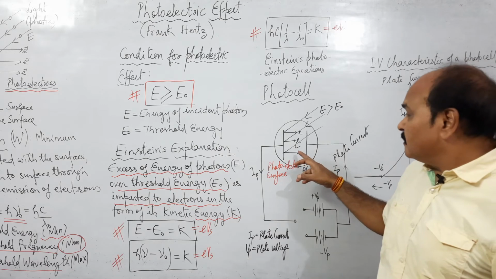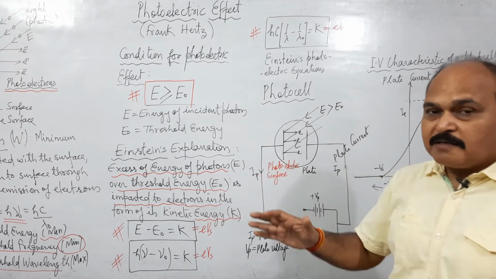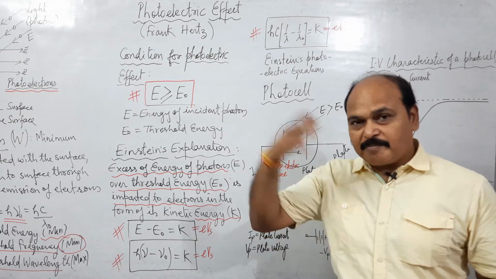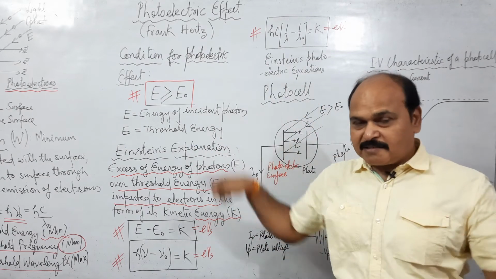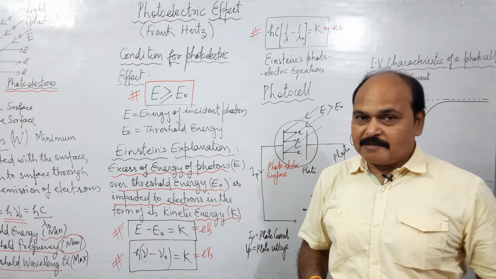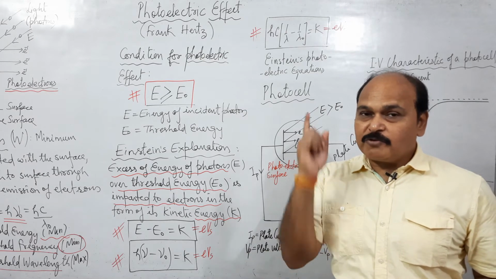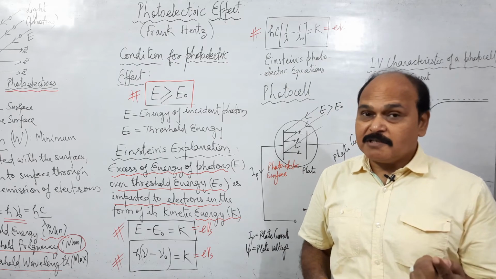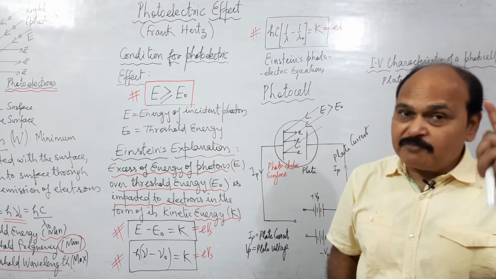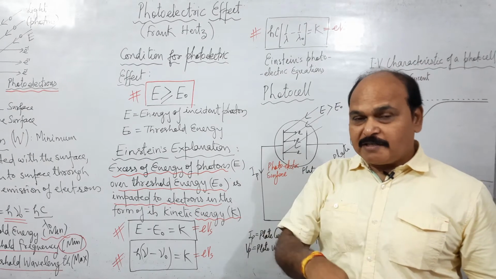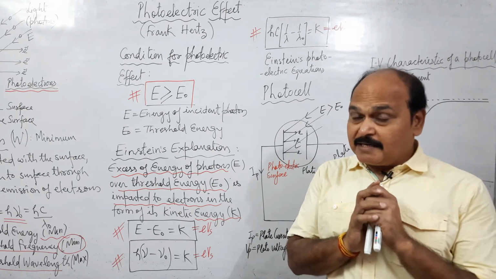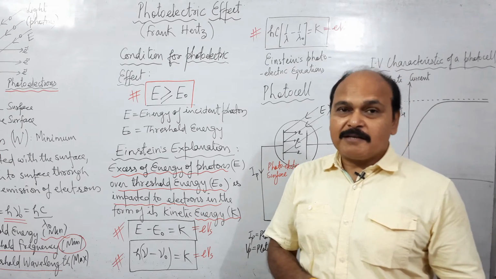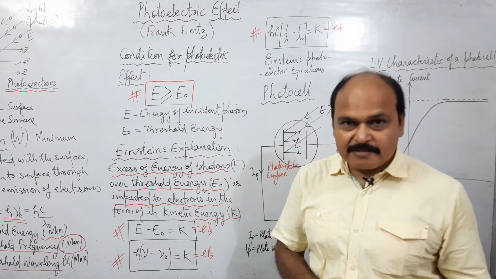The moment light falls over it, electrons are produced by the photoelectric surface and they reach the plate, the circuit gets completed and there is current in the circuit. So a photocell behaves like a switch which operates when light falls over it. When light falls over it, the switch is on, and when the light doesn't fall over it, the switch is off. So a photocell behaves like a light operated switch.